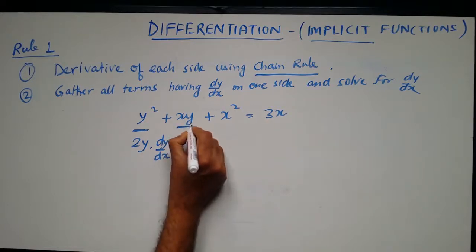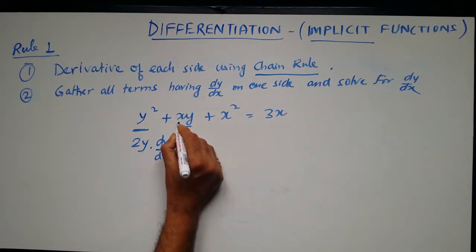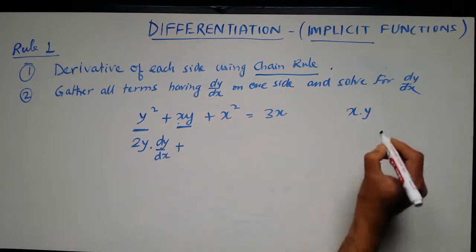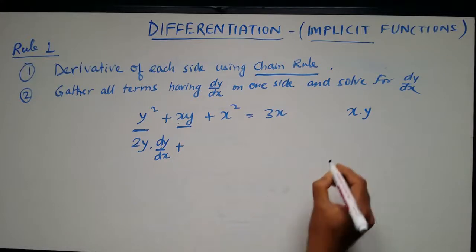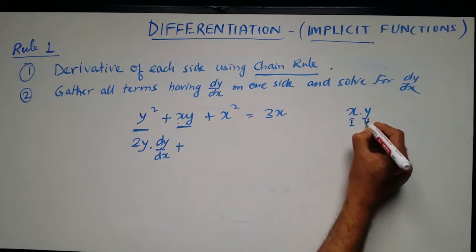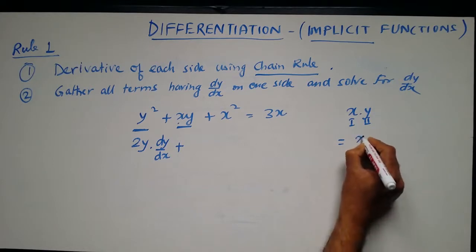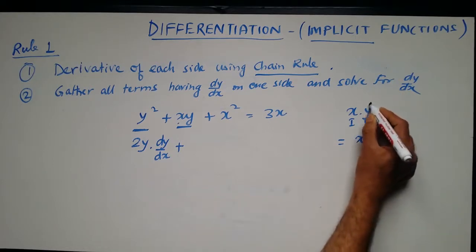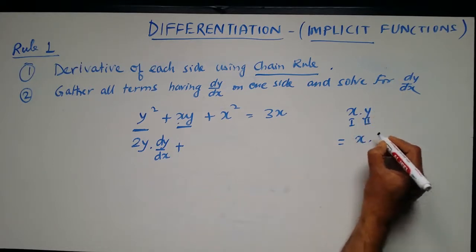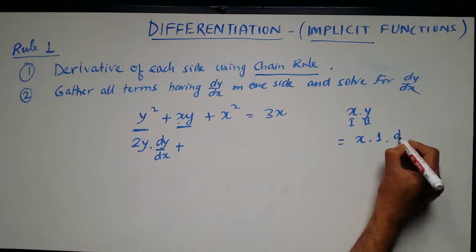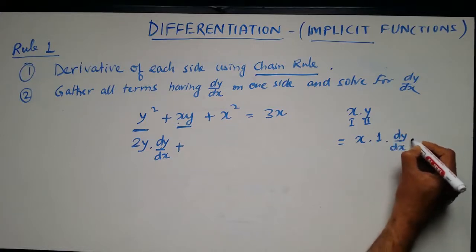Now let's take the center term. This is a product of two functions, x and y. As we know from the product rule, this is the first term, this is the second term. The product rule says take the first term as it is, then find the derivative of the second function. The derivative of the second function, that is y, is 1, and since this is y with respect to x, we multiply it by dy by dx.